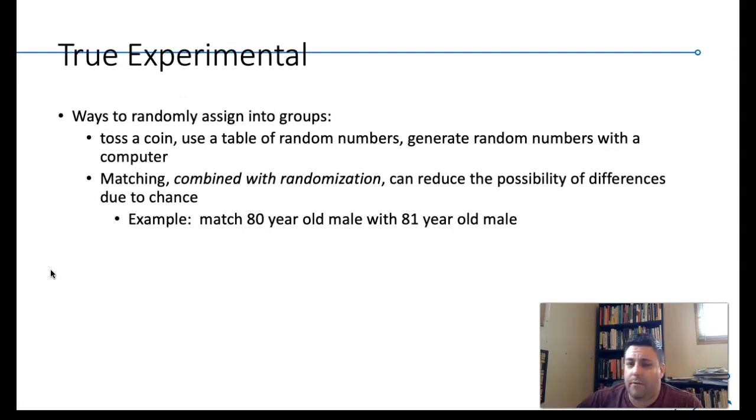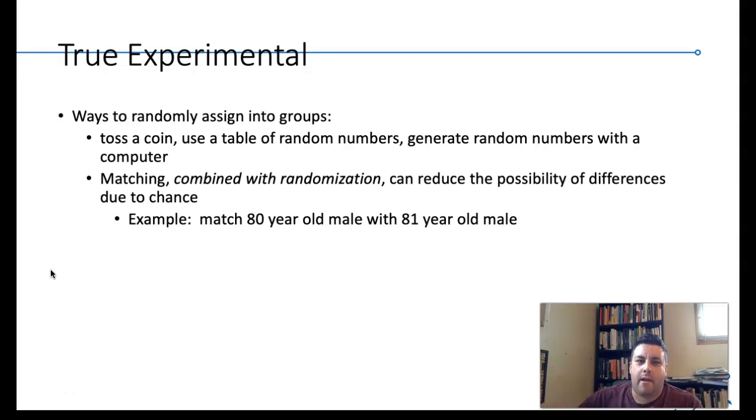So how do we assign people into groups? Well, you can toss a coin. Heads, you go into the treatment group. Tails, you go into the control group. You could roll a die, something like that. Typically, in large clinical trials, they have a computer program that does it for them. It's a pretty sophisticated algorithm, but at the end of the day, it's very similar to flipping a coin.